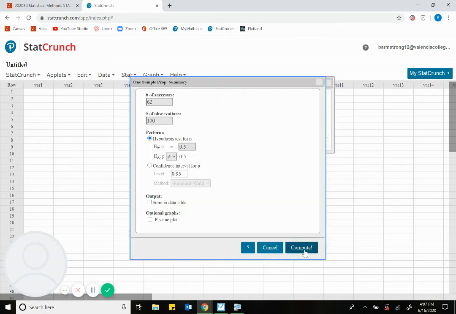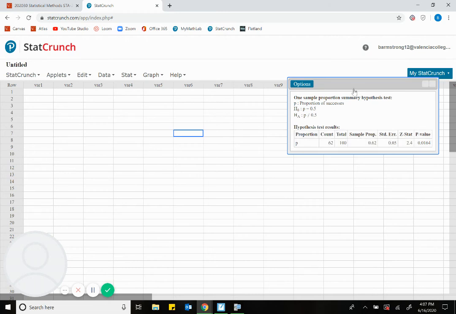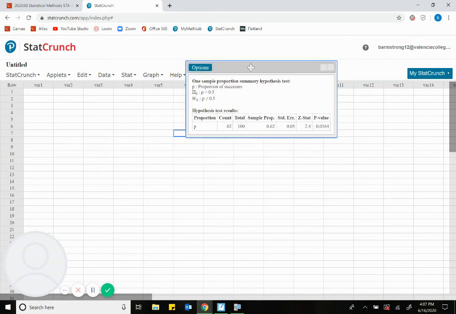Nope, sorry. Don't think of this as a significance level. It's just kind of a coincidence that it is. But you can see the Z-stat, the p-value, and our p-hat, just like what the calculator gave you. Although the calculator is a little bit better because it actually gives us the picture of the test. So again, there's all of our information right there. And that's how you run it.